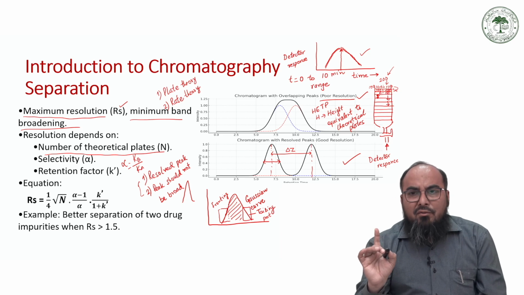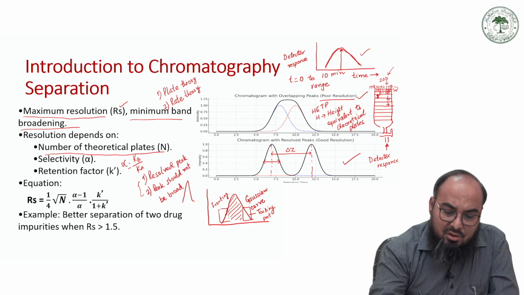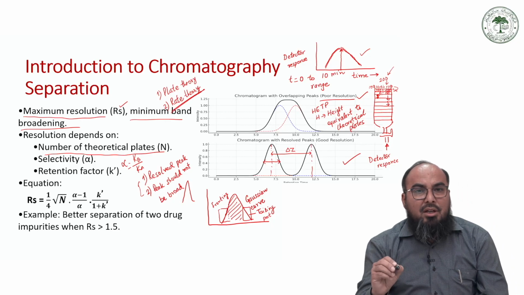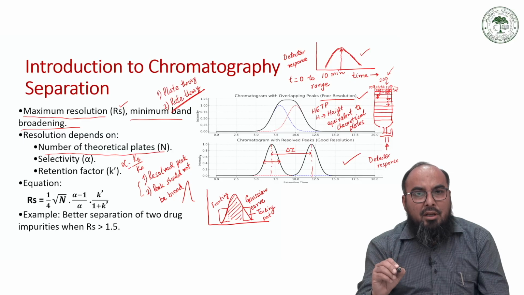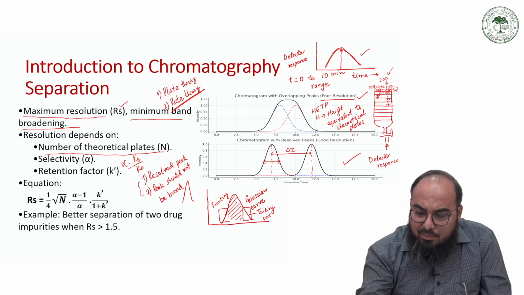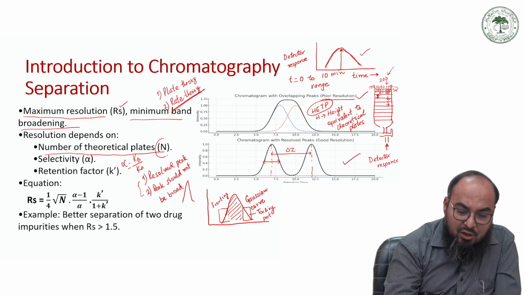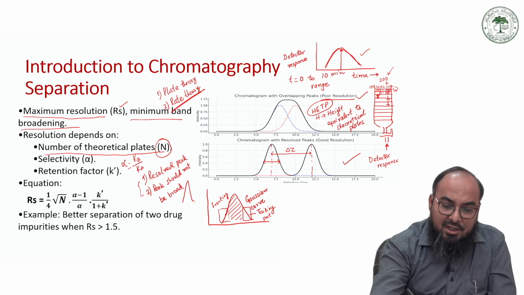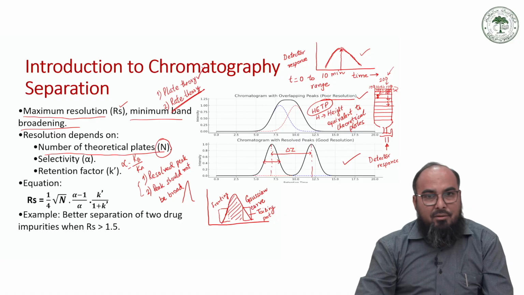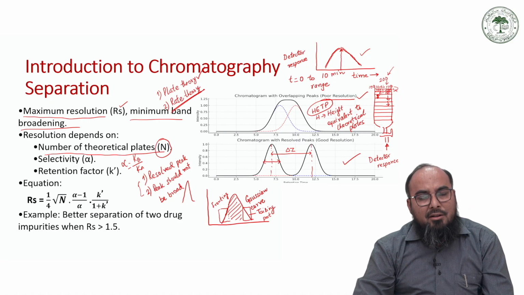One thing we have to keep in mind is that the next theory we are going to discuss is called the rate theory, which gives you a quantified idea of the band broadening, and it uses the concept of HETP, the number of plates. Although these two concepts were proposed by the plate theory given by Martin and Synge, your rate theory is going to use them.